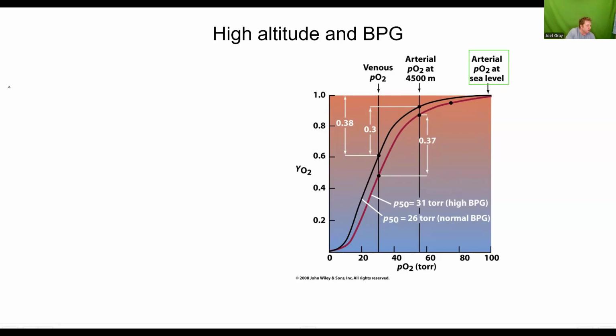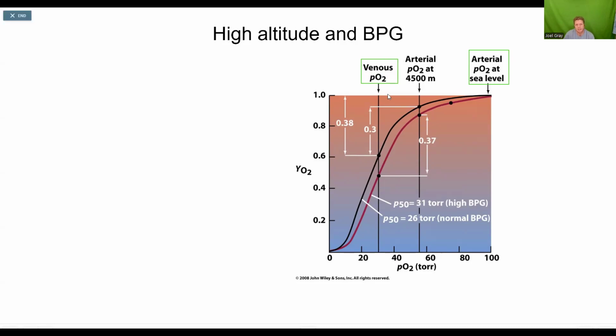What we see here is the difference between our arterial O2 level and our venous O2 level. Our venous O2 level is approximately 30 torr. Okay, 30 torr is a little bit above our overall P50 for hemoglobin.